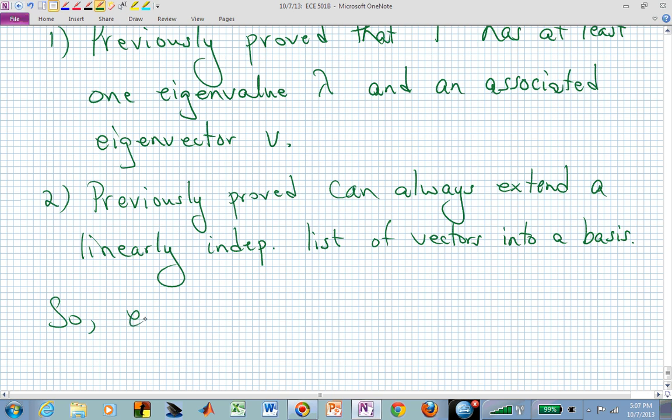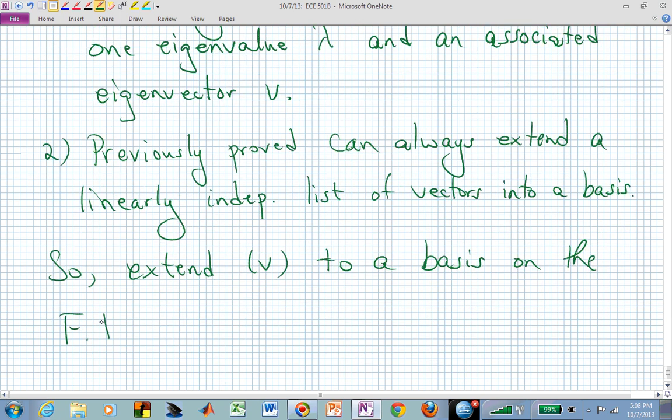If that's the case, then we can extend from this single vector V to a basis on this finite dimensional complex vector space, V.